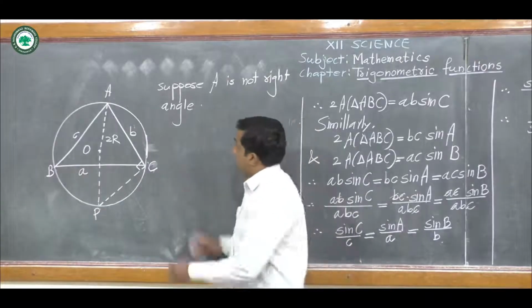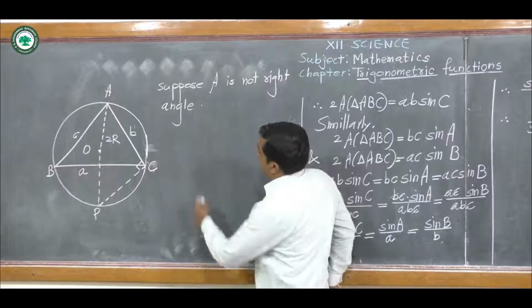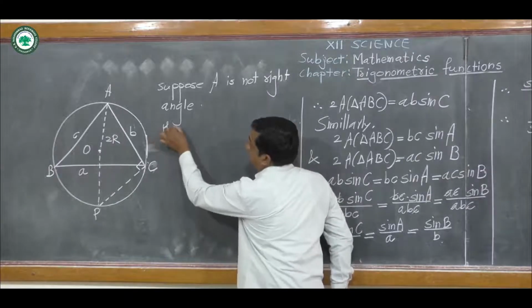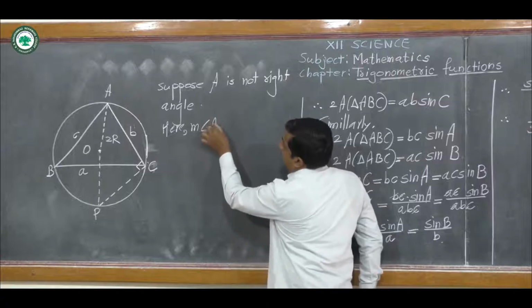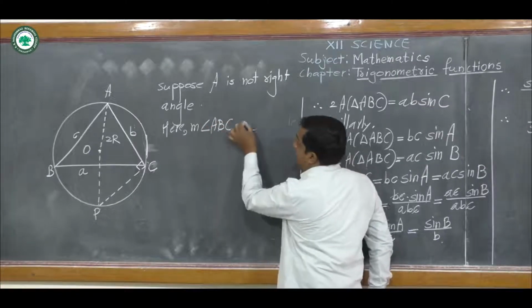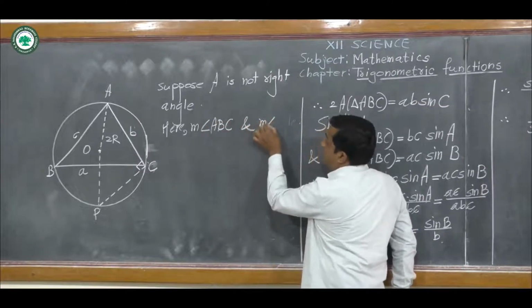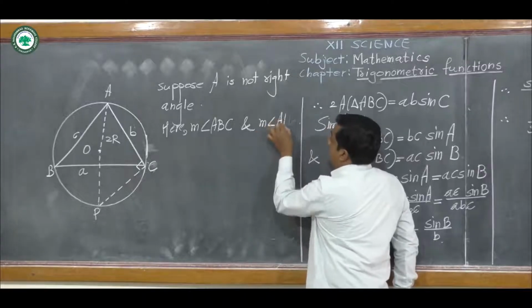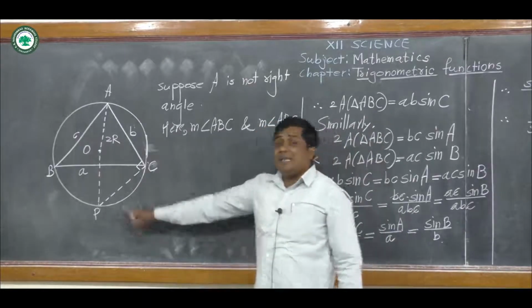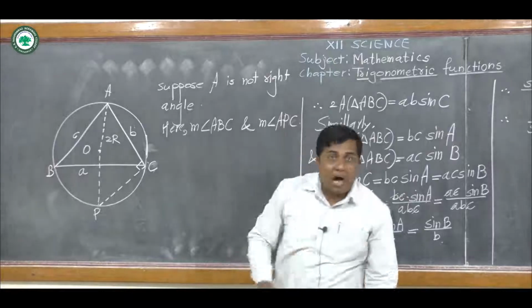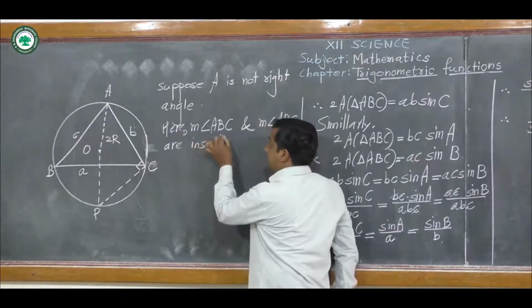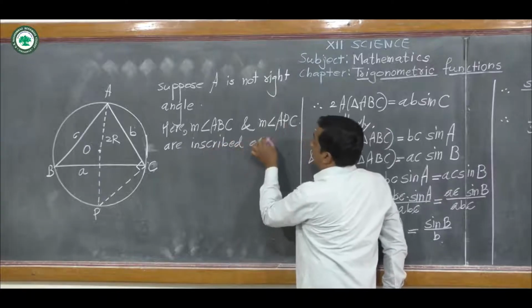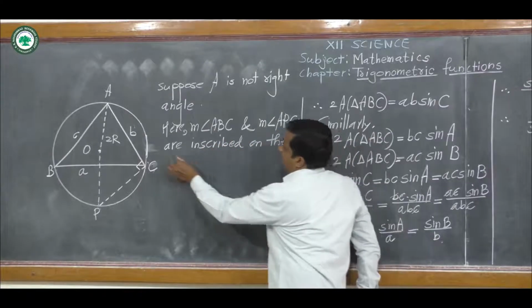So here we consider two angles: the measure of angle ABC and the measure of angle APC are inscribed on the same arc.